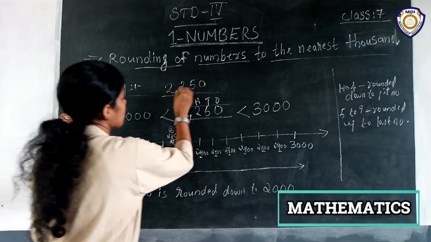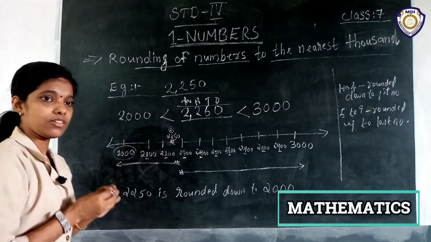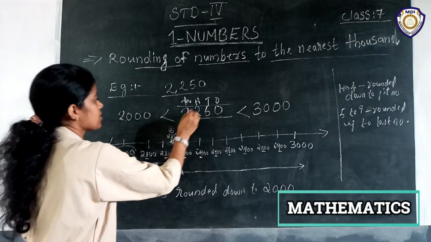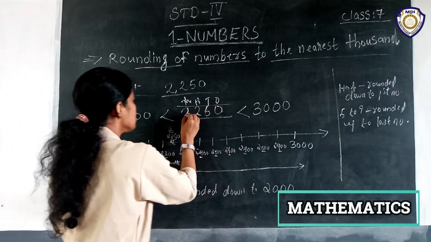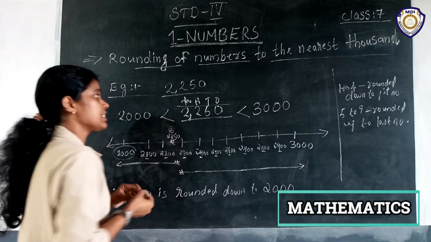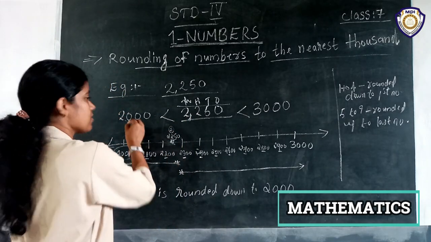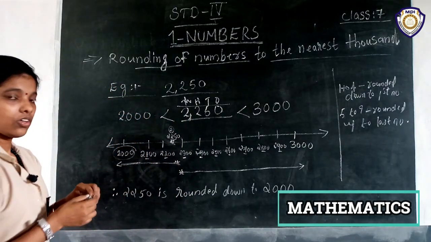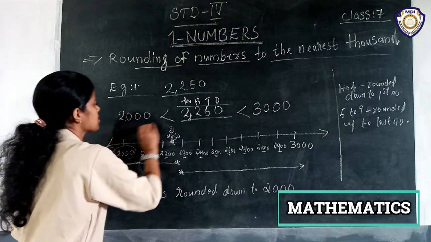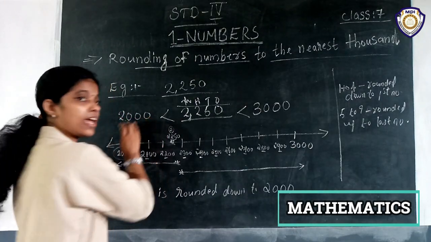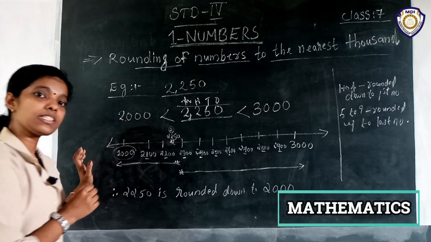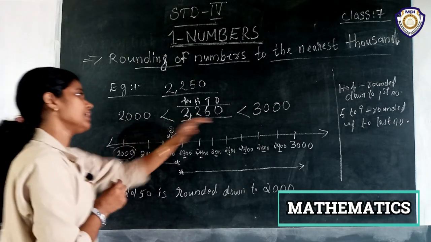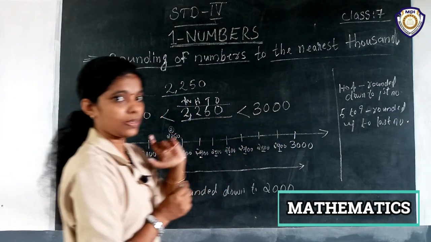The number is 2250. We consider the first digit 2. 2 into 1000 is 2000. 2000 is our first number, and 2000 plus 1000 is 3000, the last number.